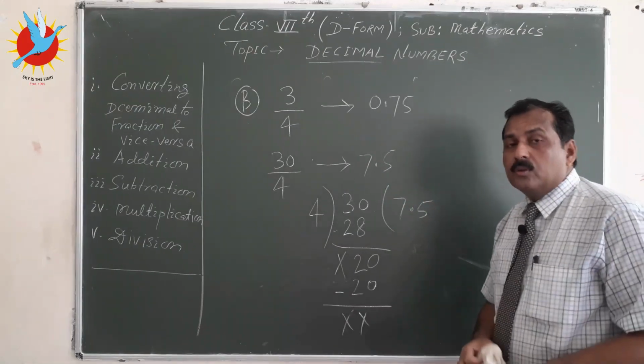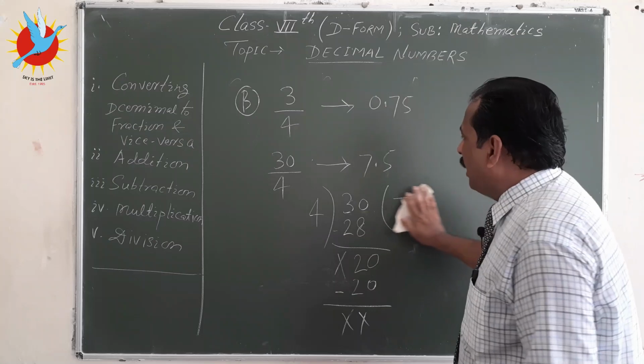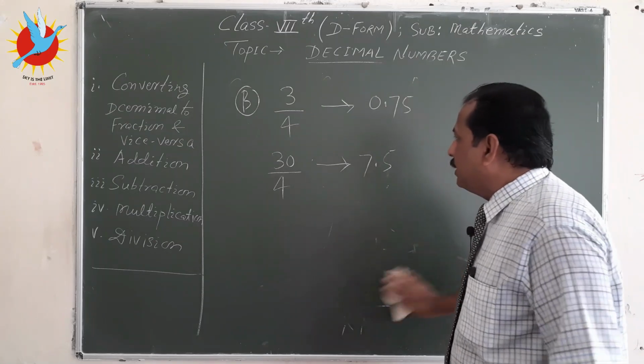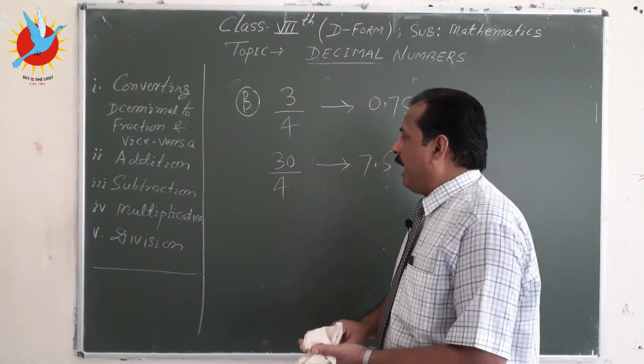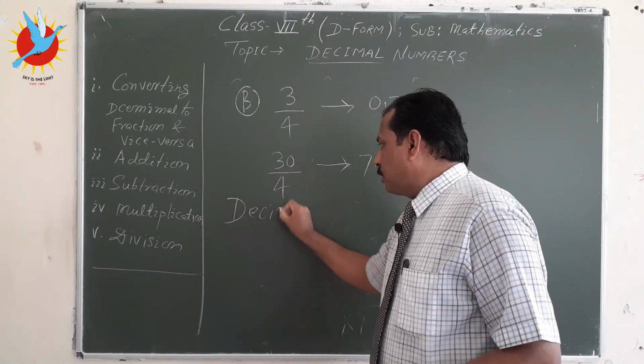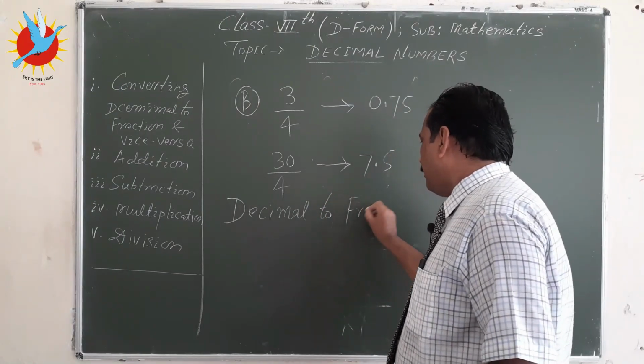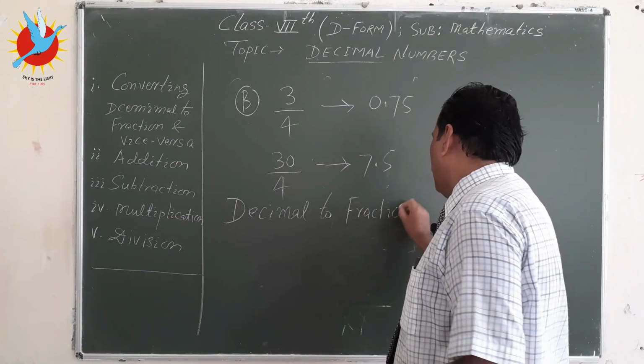This is how to convert a fraction into a decimal. Now let us convert a decimal to a fraction, and we can check our result also. So what is the rule?